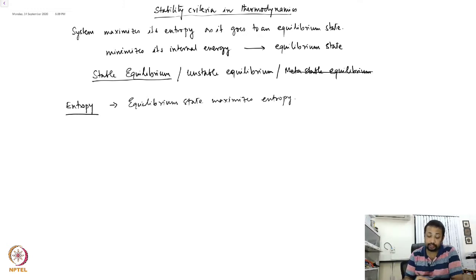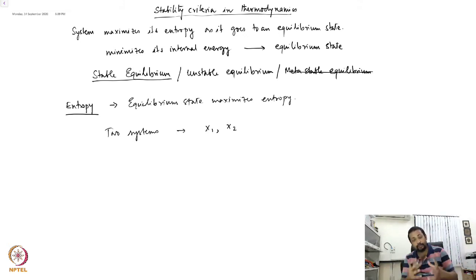So now consider that we have two systems, each described by variables x1 and x2, right? Let's bring these two systems together so that the combined system can be described by the variable x1 plus x2, correct?